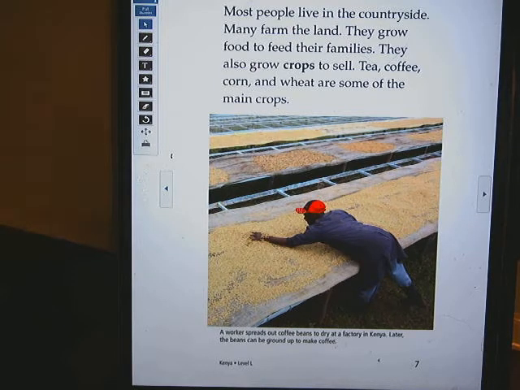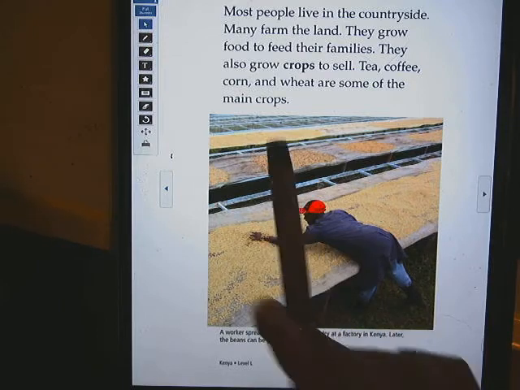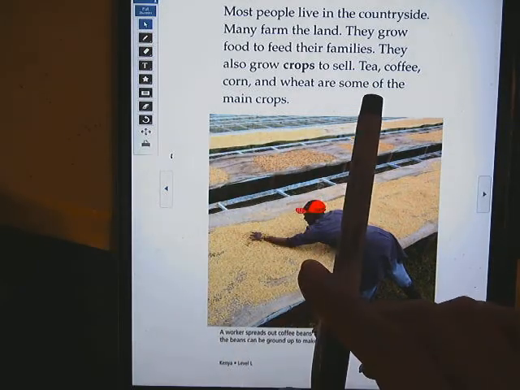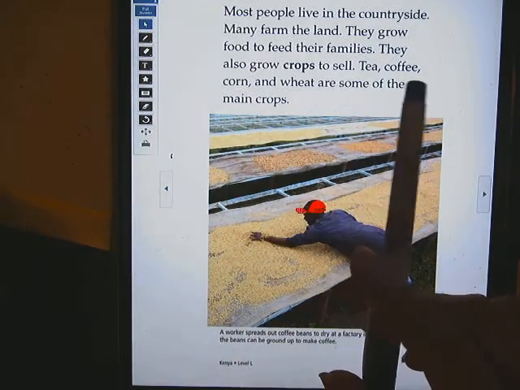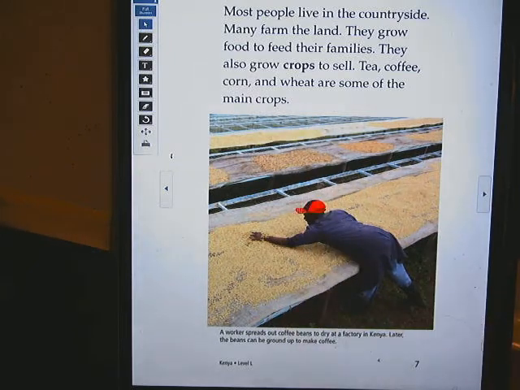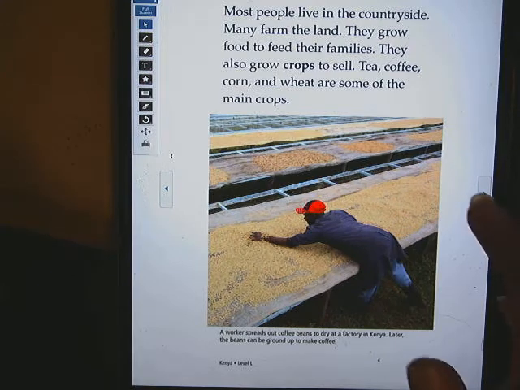And remember, crops are what they are able to harvest at the end of a growing season. So they plant them, they nourish these plants, they grow, and then they harvest them to sell. So their main crops are tea, coffee, corn, and wheat. Those are their main crops. Not to say that people of Kenya do not have other crops, but those are their main crops.